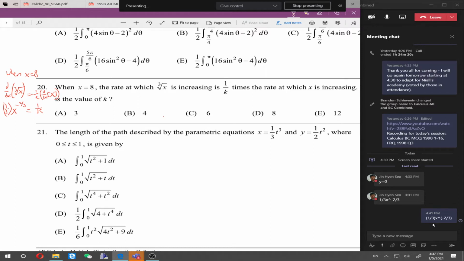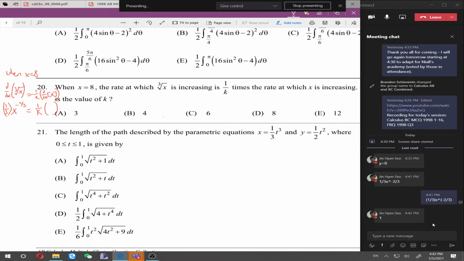Jen, again, what's the derivative of x? One. Okay, so 1/3 x to the negative 2/3 power should be equal to 1 over k times 1. I'm going to plug in x equals 8, and we'll keep going from there.